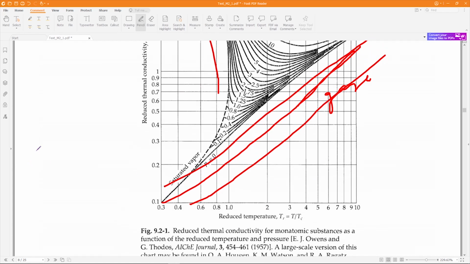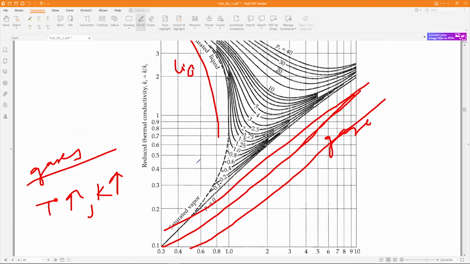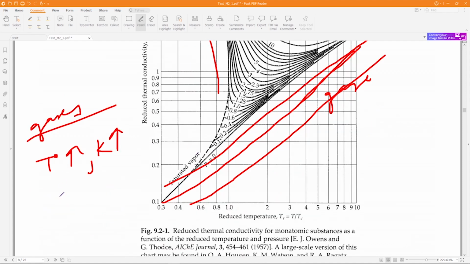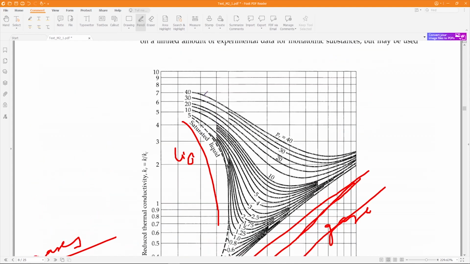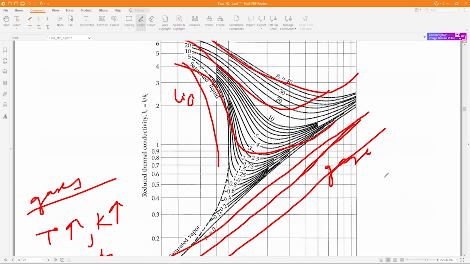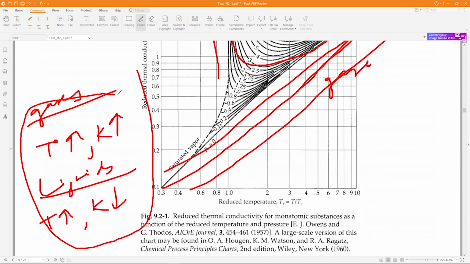So as the temperature increases, the thermal conductivity will increase for gases. And what about liquids? For liquids, as the temperature increases, the thermal conductivity will decrease. You can see here clearly this is decreasing with increase in temperature, right? So remember this.